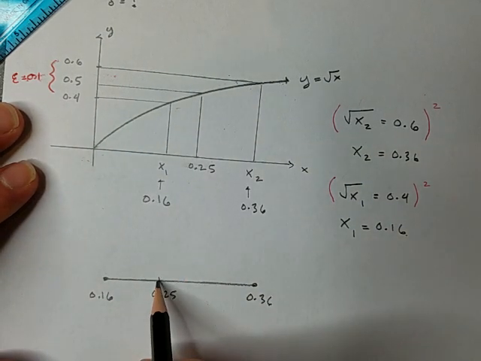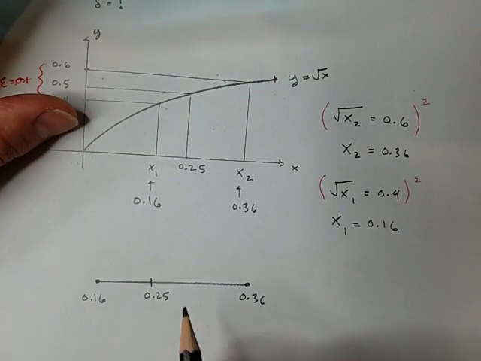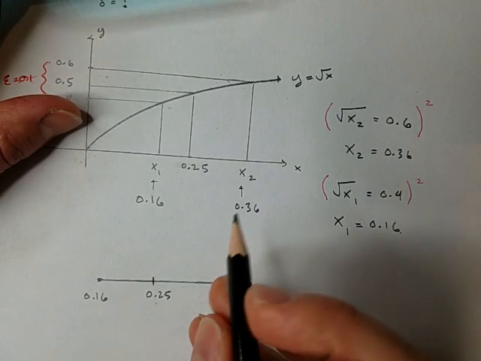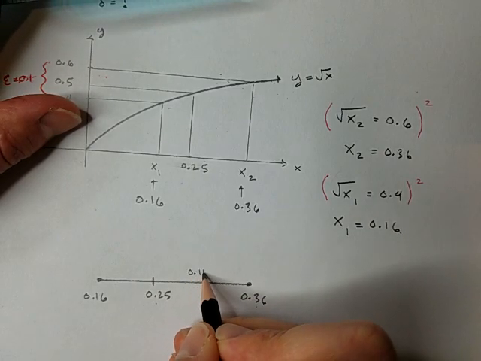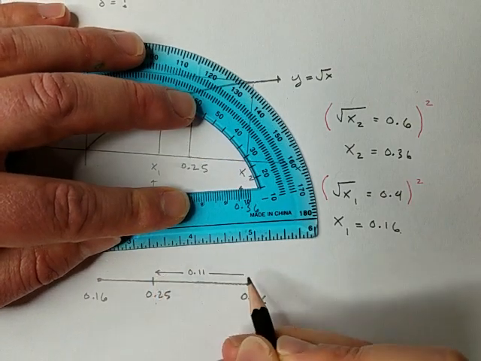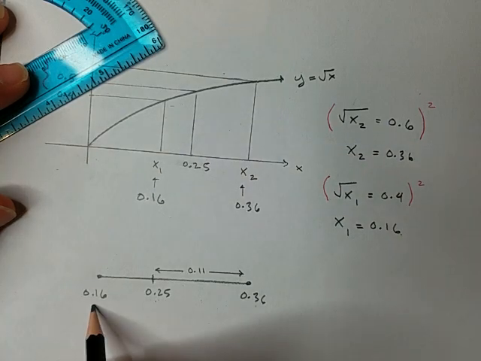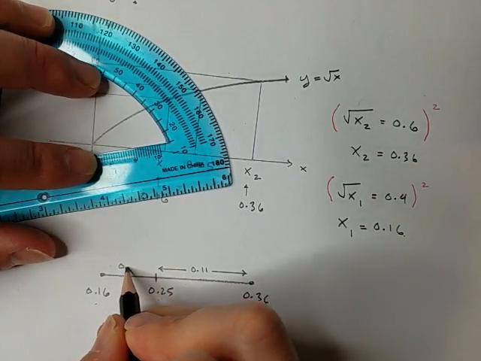Then there's where we want to be as far as our tolerance goes. And I just note that from here to there, that would be 0.11, right? Okay. And then from here to here, that would be 0.09, wouldn't it?